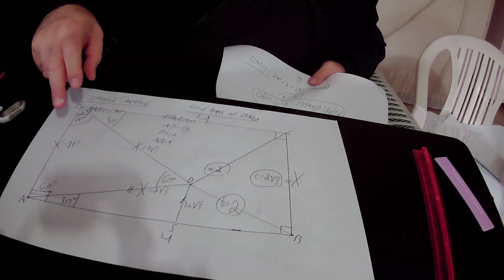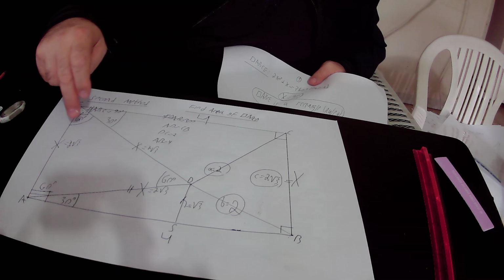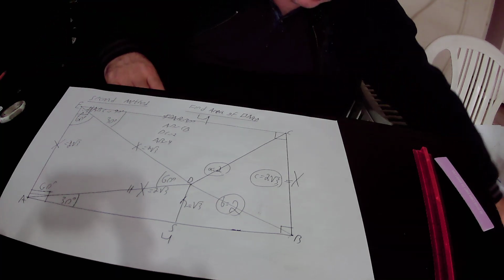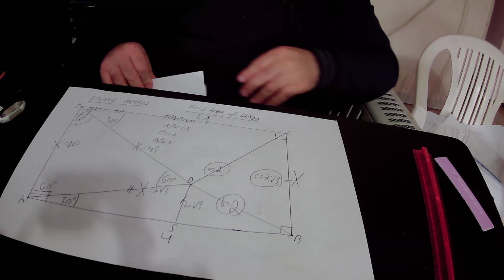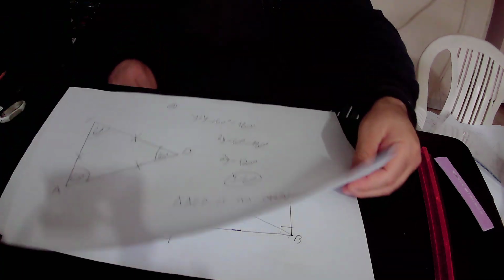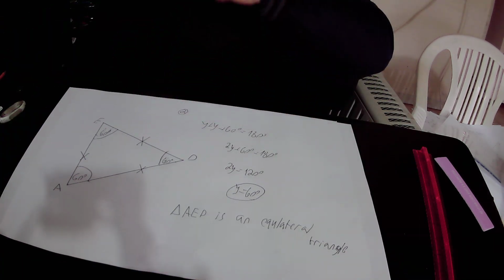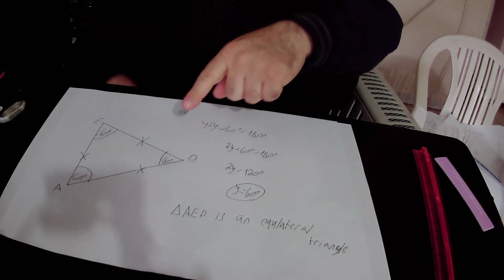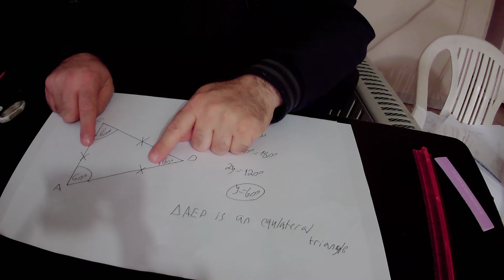So I draw triangle ADE on a new page, and we analyze triangle ADE. We know that angle EAD equals 60 degrees, and we also know that those two sides are equal to each other, they are both equal to x.